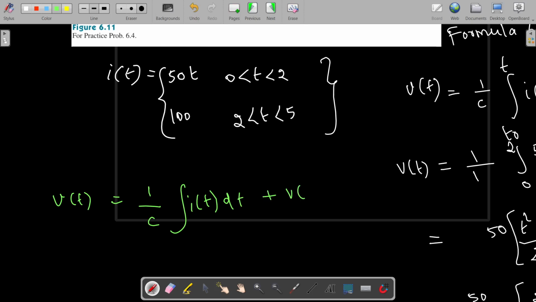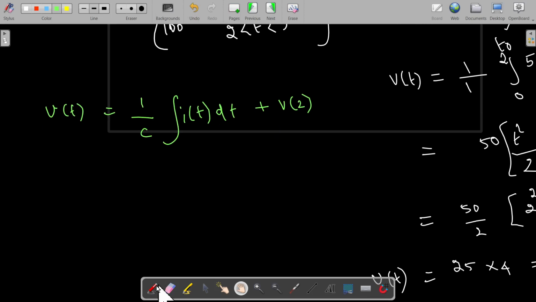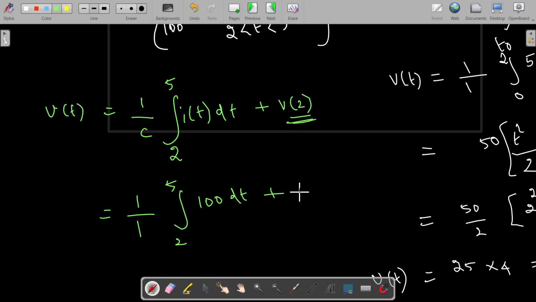The initial voltage is nothing but v of 2. It has already got charged because we put the limit from 2 to 5. So this is the initial one, right? As usual, 1 by 1 millifarad, integral 2 to 5 of 100 dt, plus this v of 2, which is 100 millivolts.